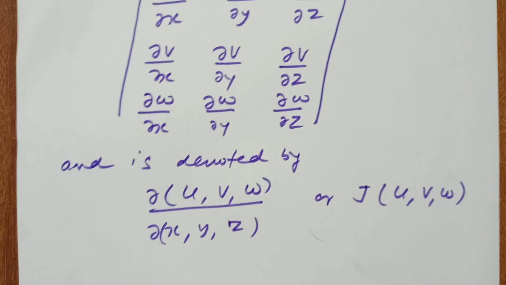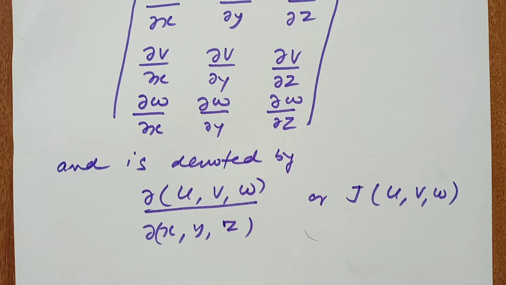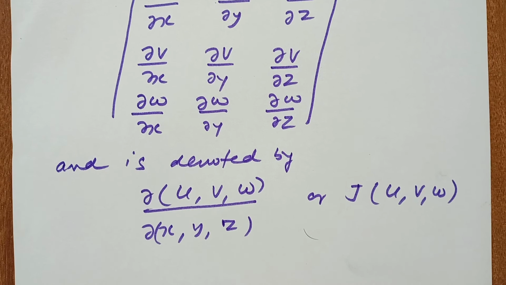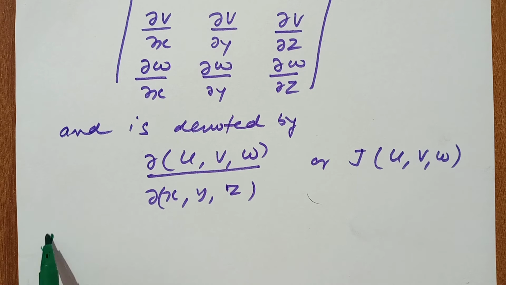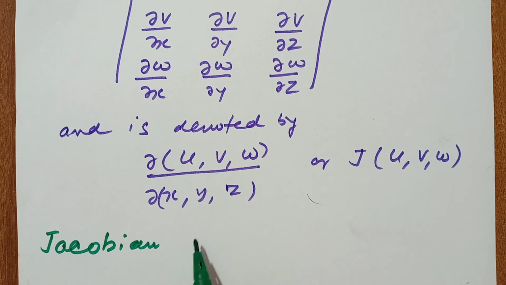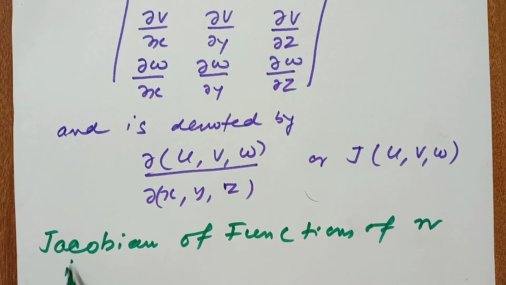So this is the Jacobian of functions of three independent variables u, v and w. Similarly, we have Jacobians of functions of n independent variables.